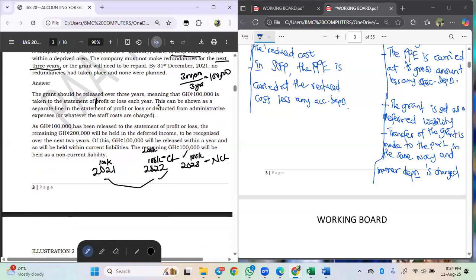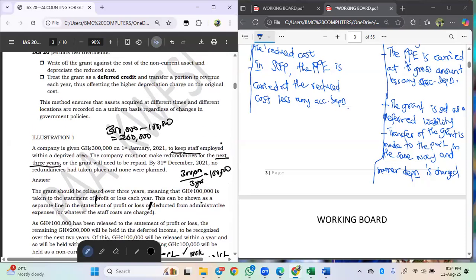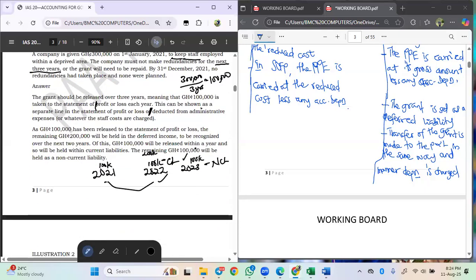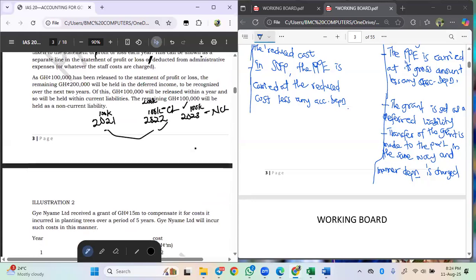So this one is saying that this can be shown as a separate line in the statement of profit or loss, or here, deducted from administrative expenses or whatever the staff costs are charged. So we are saying that you deduct it from the related expenditure. So here the related expenditure is to what? Keep the staff employed within a deprived area. In other words, there may be salaries or any other incentives. So that's what it means. That's the illustration one. Okay.